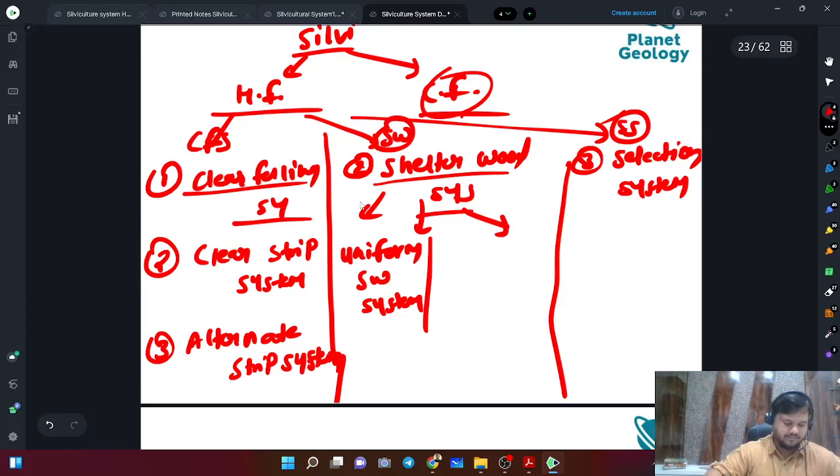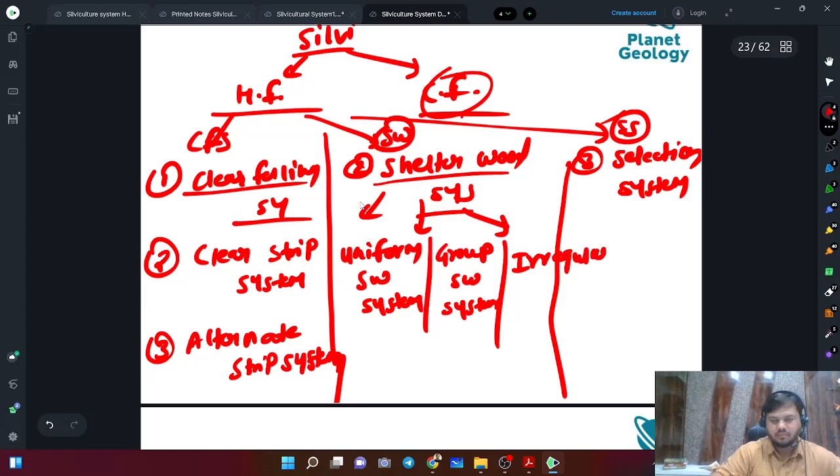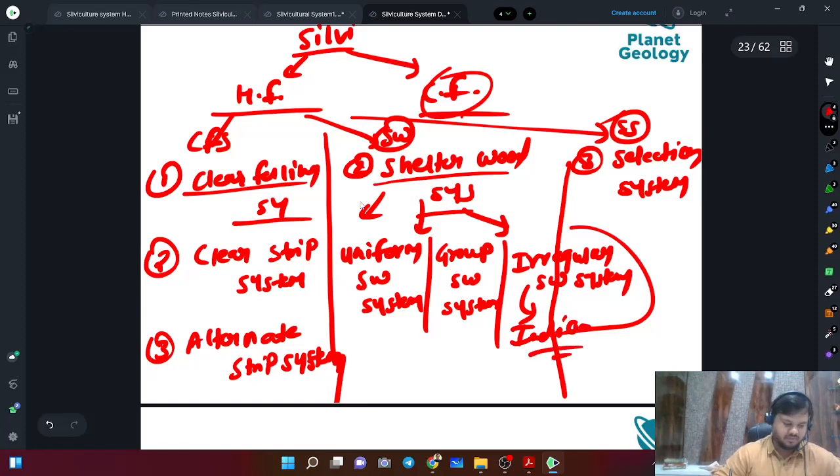The second one is, I think, group shelter wood system, and the third one is irregular shelter wood system. This is the most important and most frequently asked. इसी का एक variation है, Indian irregular shelter wood system. All right.